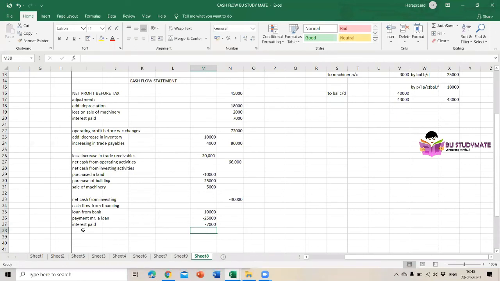Then in the capital account, how much do we have? 1,25,000 and 1,53,000. To calculate this one, we have to make the drawings entry here.